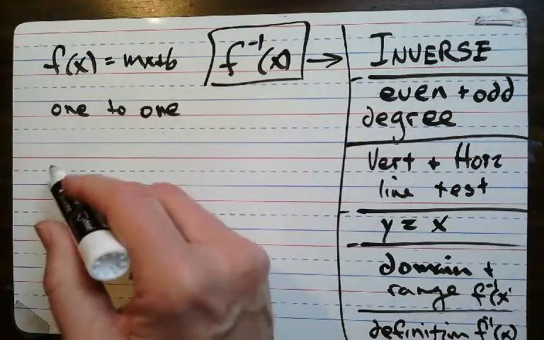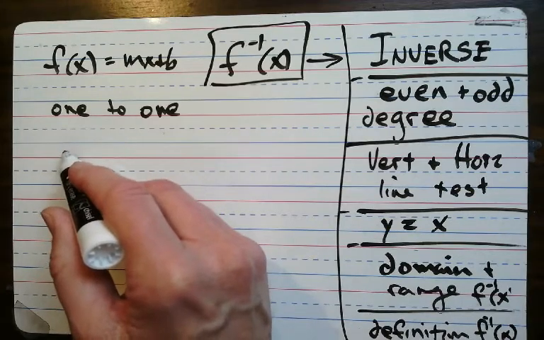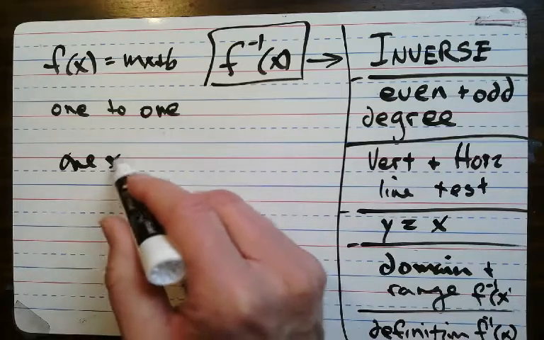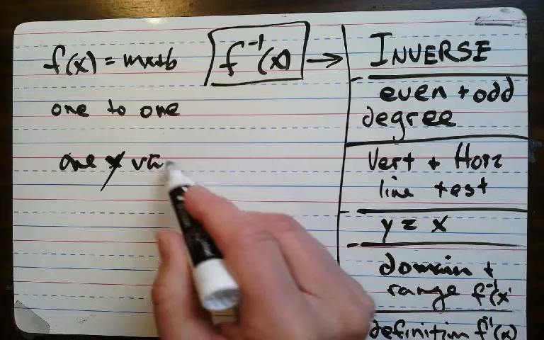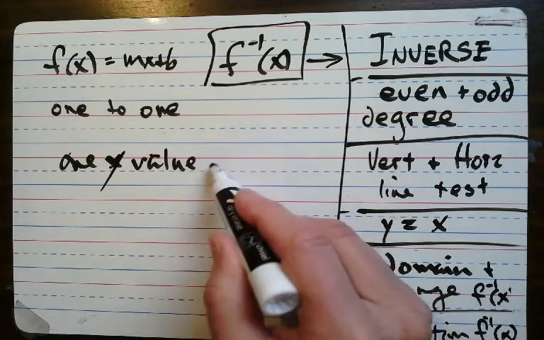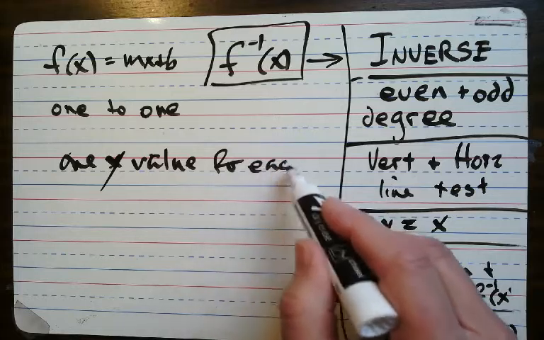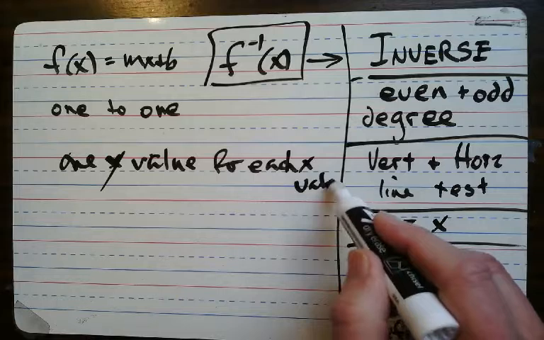Well, for it to be a function in the first place, if you remember, the definition of a function is that there's one y value for each x value. Right?